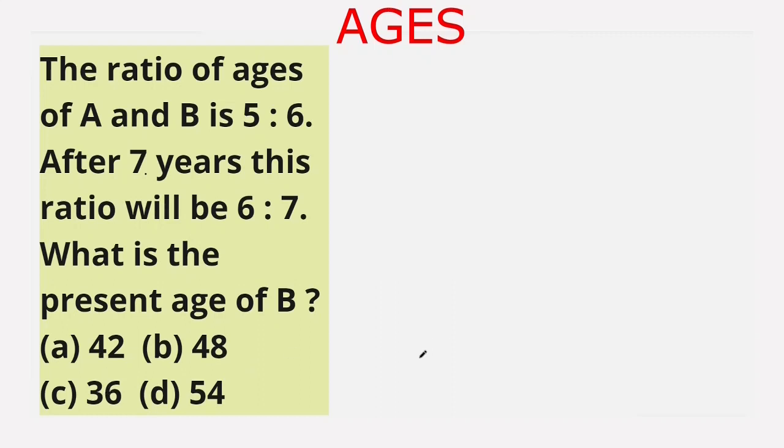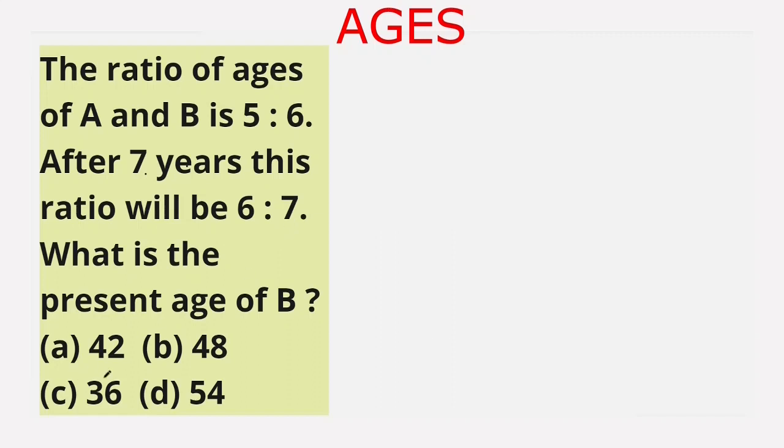It is given that after 7 years, this ratio will be 6:7. It means that if we add 7 years to the given options, then the number which we get after adding 7 must be divisible by 7, as the ratio will be 6:7 and B's part will be 7.